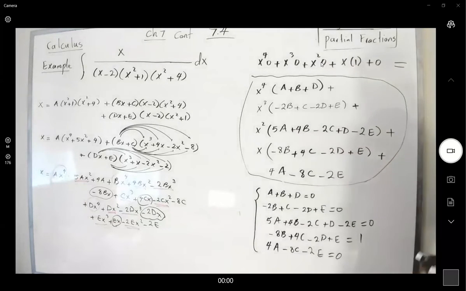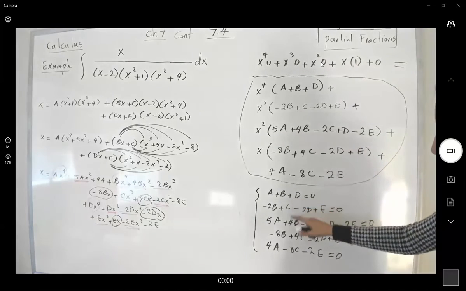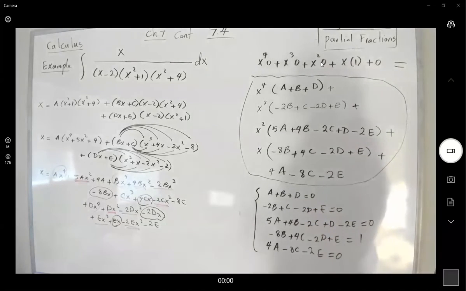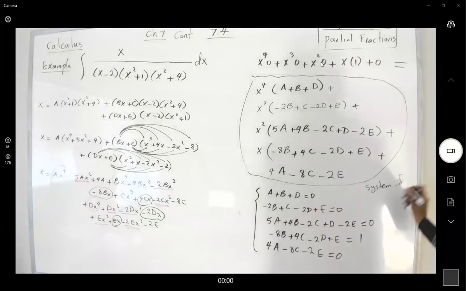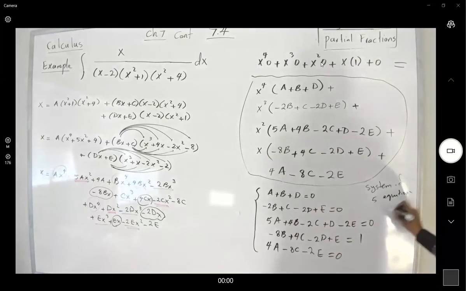We have a system of 1, 2, 3, 4, 5 equations with 5 variables.